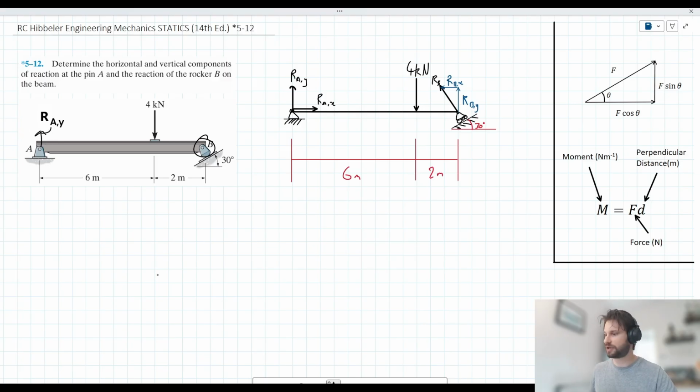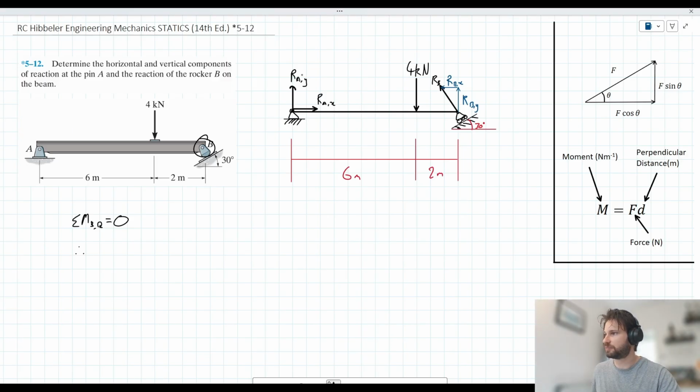So let's go ahead and solve for that then. So we could say the sum of moments at B acting clockwise, doesn't matter, are equal to 0. Therefore, the sum of moments acting clockwise are equal to the sum of moments acting anti-clockwise. Let's look at our clockwise moments then.